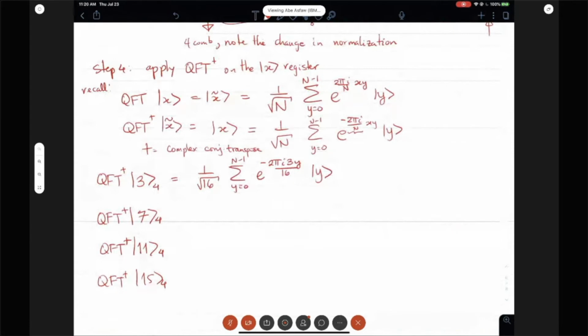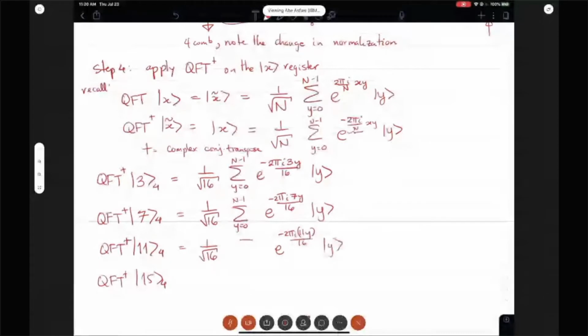QFT dagger of 7 is looking exactly the same with this change, e to the 2 pi i with a minus 7 times y over 16. The one with 11 looks like this. And the one with 15 looks like this.